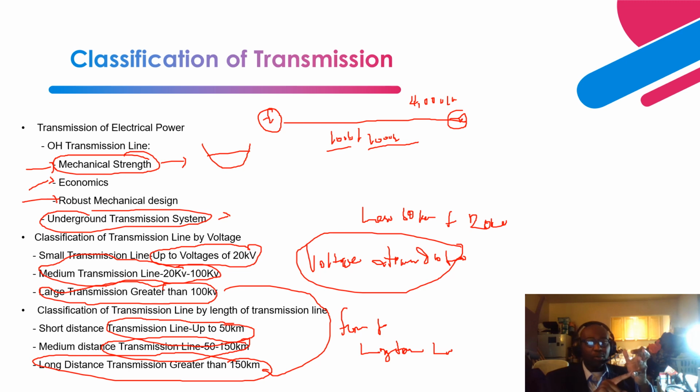Next is the medium distance transmission line: if you have a transmission distance of 50 to 150 kilometers and a line-to-line voltage of 20 kV to 100 kV, you can classify it as a medium distance transmission line. And lastly, if you have distances greater than 150 kilometers and line voltages greater than 100 kV, you can classify that as a long distance transmission line.